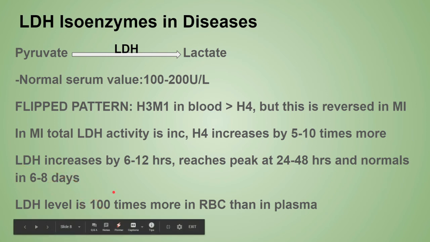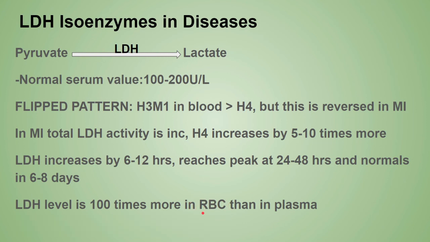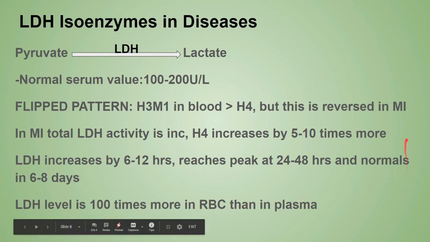Now the LDH level is 100 times more inside the RBC as compared to the plasma. So just think, if there is hemolysis of RBC, what will happen? The amount of LDH will increase in the plasma, in the blood also. So it will give us a false positive value of LDH, though myocardial infarction is not actually occurring in the body.